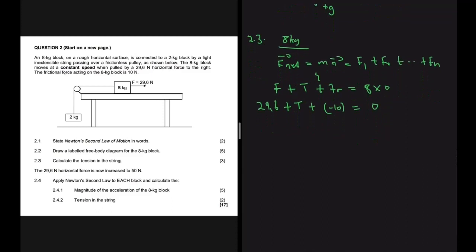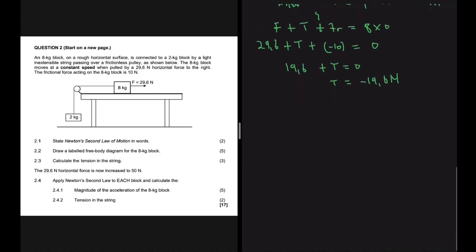So 29.6 minus 10 is 19.6. We have 19.6 plus T equals 0. Take 19.6 to the other side and you get T equals minus 19.6 Newton, which makes sense because T is opposing the motion, so it's supposed to have a negative value.